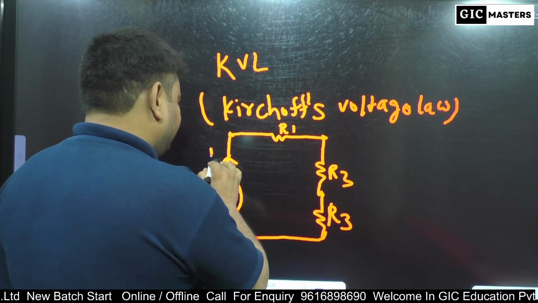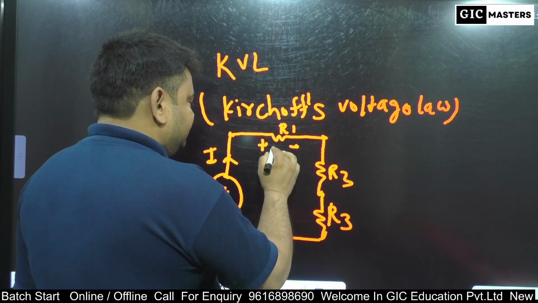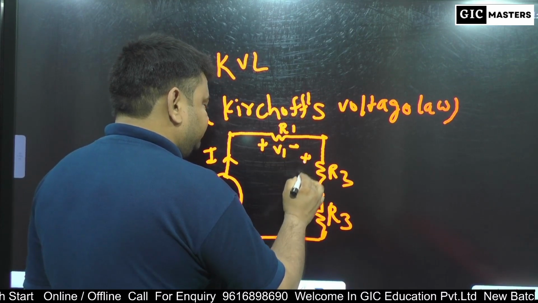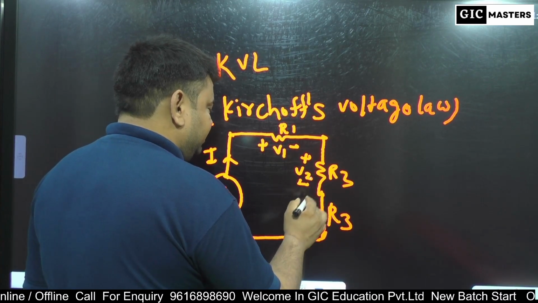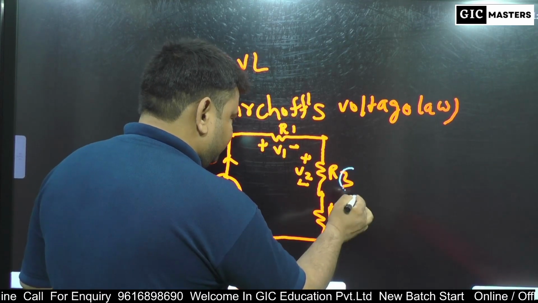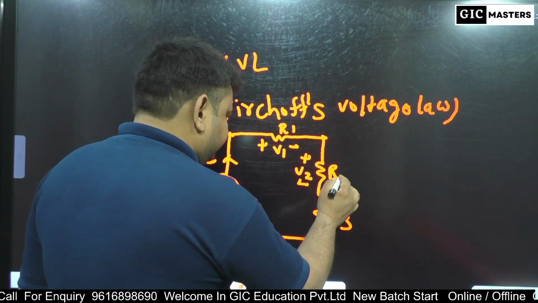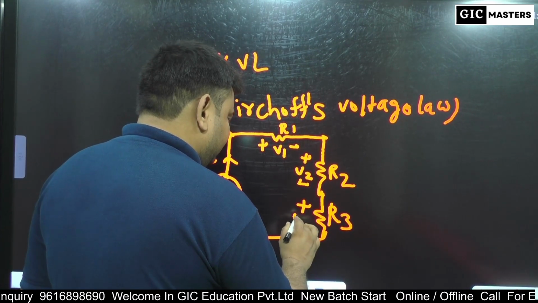Current flow through this circuit is I, so voltage across R1 is V1, across R2 is V2, across R3 is V3.